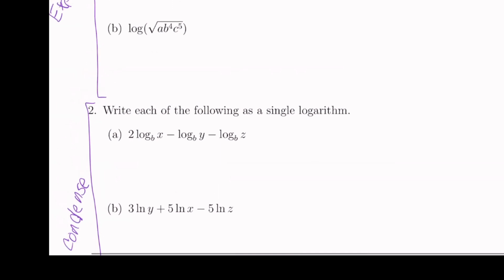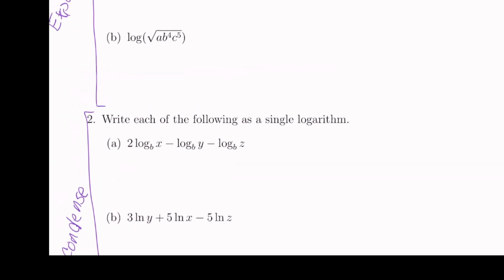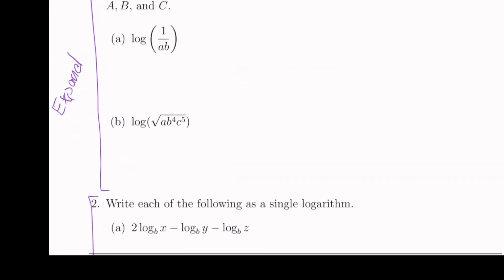We will have to be able to do both of these things when we solve equations, so that's why we practice doing it on its own. In number 1, we will also replace log base A with capital A, log base B with capital B, and log base C with capital C.